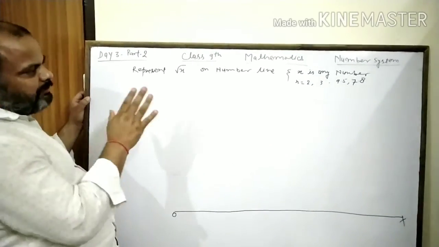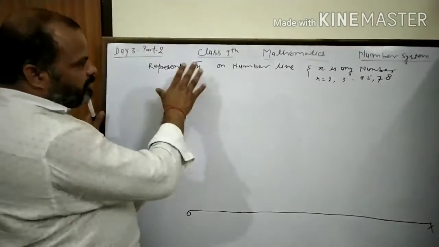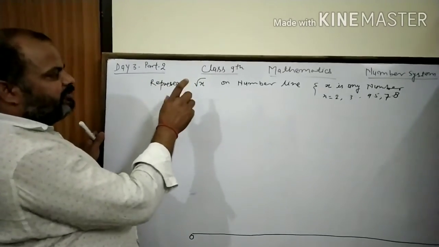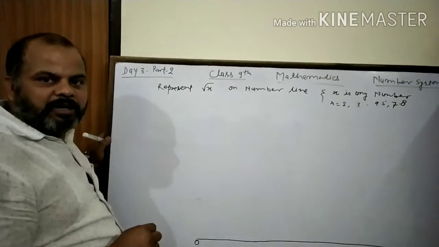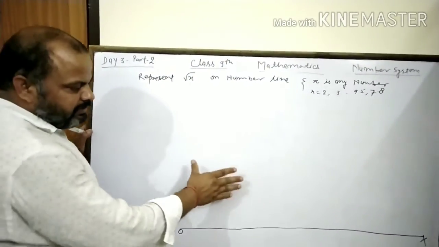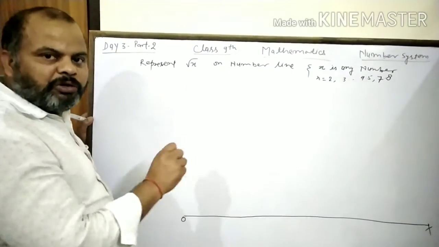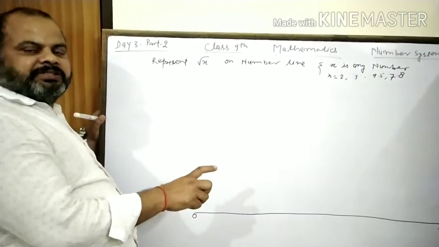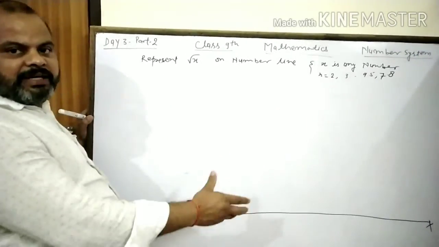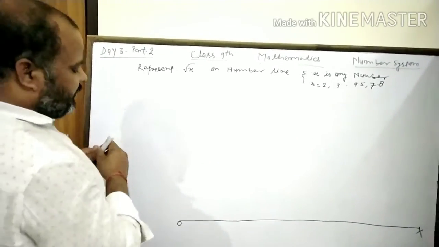Clear? The same way here, we don't know the exact value of under root x on the number line. So we create a distance equal to under root x, measure this distance in our compass and cut an arc. Clear?